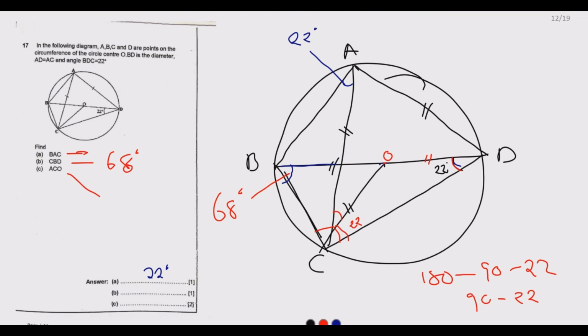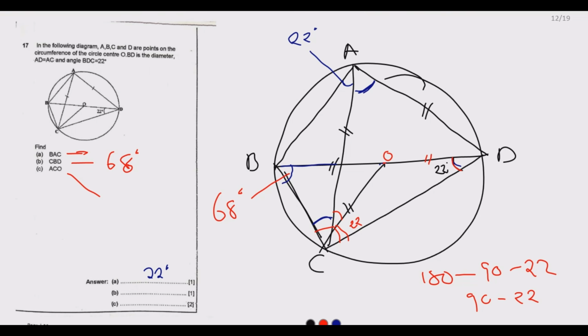So now, if that's the case, and we know that this O angle is 90, we need to find this angle before we do anything. So we know that these two sides are equal. We need to find this angle.